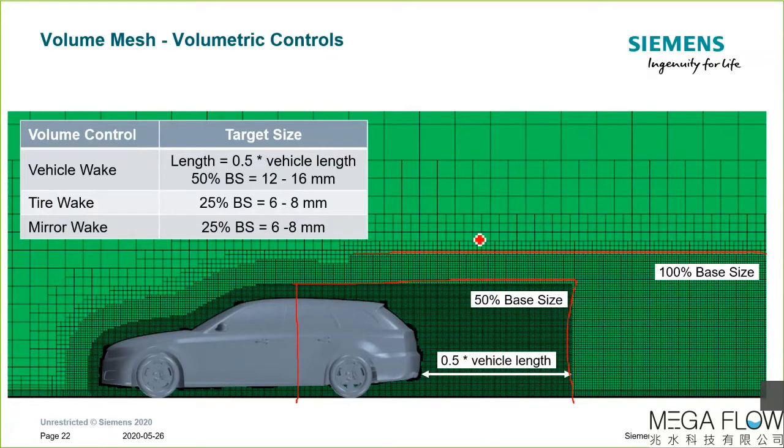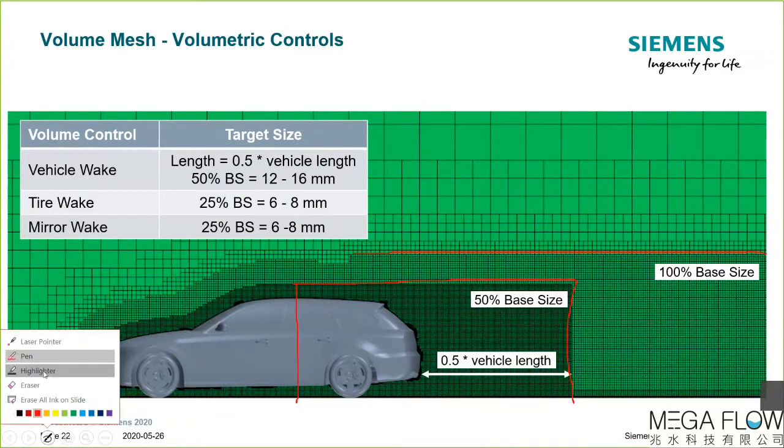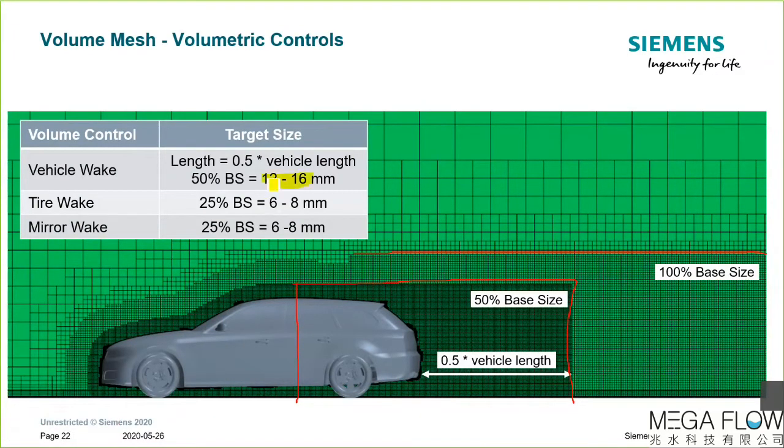And that results in a mesh size in this area of, let's say, 12 or 16 millimeters. Yes, and we need some additional controls also for the tire wakes and for the mirror wakes and so on. But just to give you an idea here, so that's how volume mesh looks like in Star-CCM Plus based on the recommended settings.